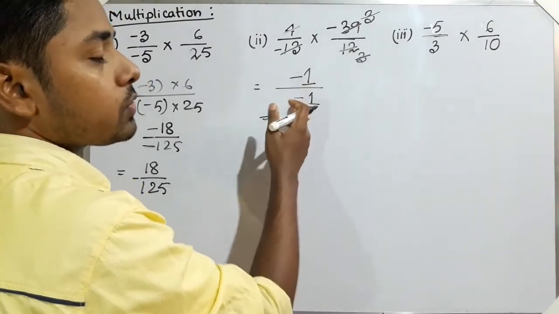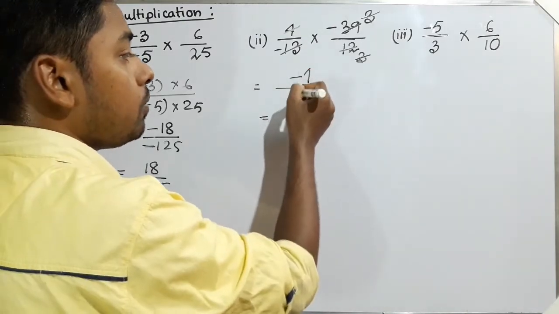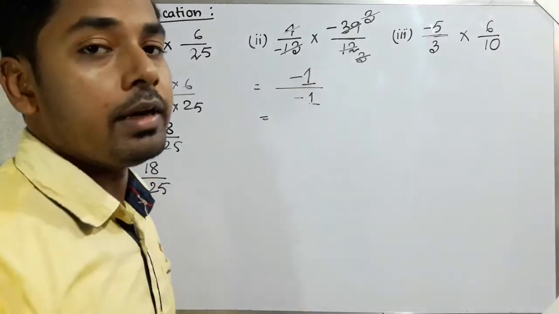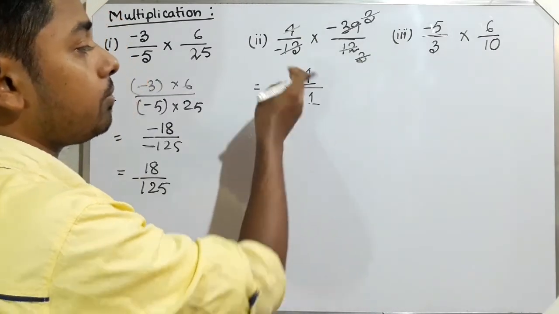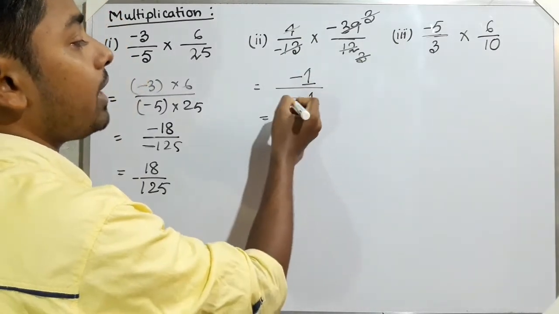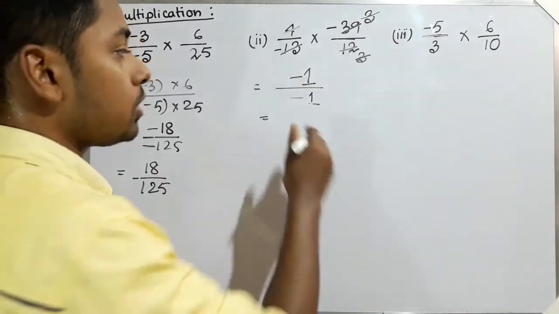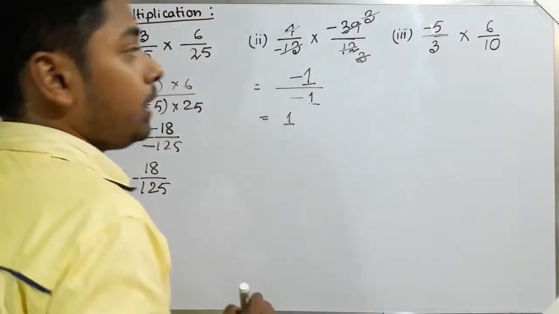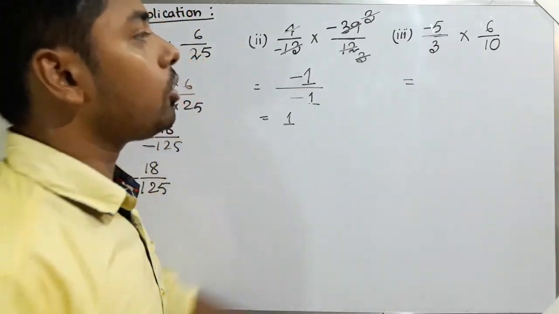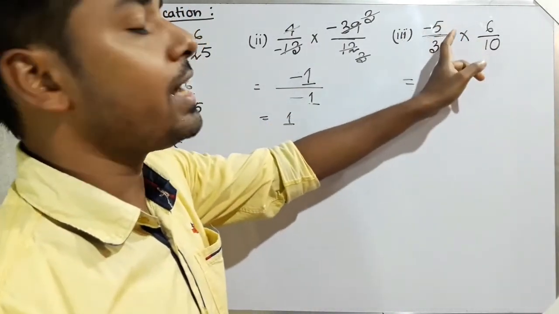How to remove? Just cut the negative sign, but you will not show that you are cutting the minus sign. Just think that minus and minus will be cancelled out, then 1 is the answer. Now here you can see we can also cut both the denominators and numerators.